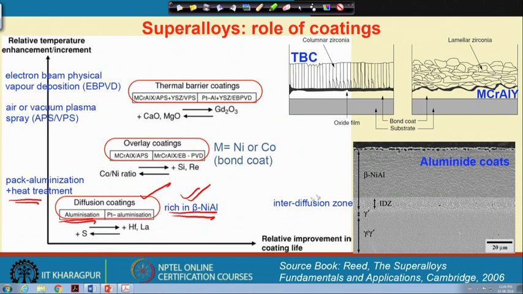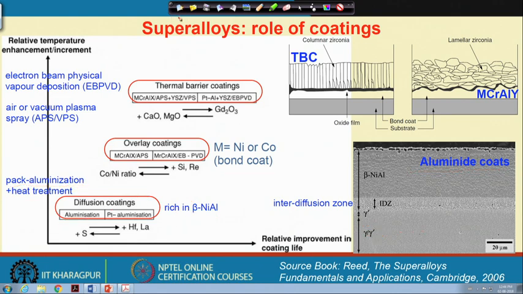So, on the right hand side I show you one such coating that has been developed on a gamma gamma prime matrix. Okay. So, this is a gamma gamma prime nickel superalloy, and then we have coated it with aluminide, like nickel aluminide, by the pack aluminization process.